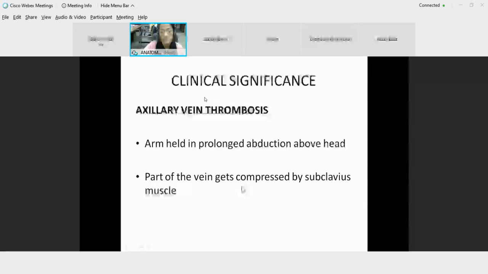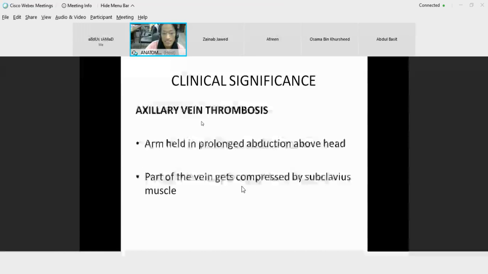Coming to the clinical significance, it is axillary vein thrombosis. Thrombosis means clotting of the blood. When a person keeps his arm in abduction for a prolonged period, the part of the axillary vein in front of the first part of the axillary artery gets compressed by the subclavius muscle.